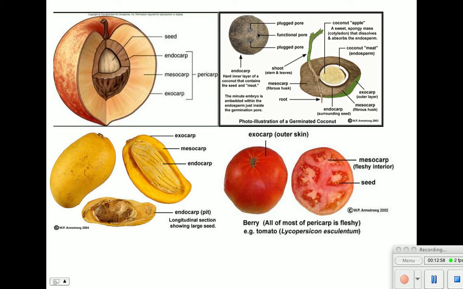So here's a picture of a drupe. I don't know what this is. Does anyone know what kind of fruit that is? This bottom one. Papaya? No, it's not a mango. Is it a papaya? I don't know. Definitely looks like a mango. Yeah, I think that's mango. But with mangoes, it's just really hard to cut through. Like, they don't have this huge seed. Yeah, they do. Mangoes do have really big seeds. I don't think so.